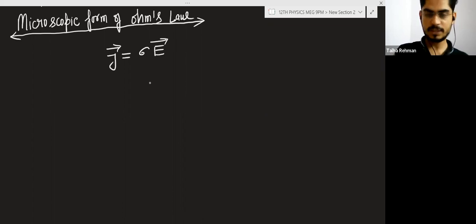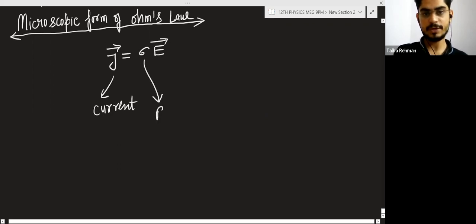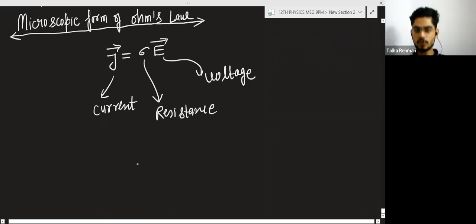So this is just the equivalent of current. This is the equivalent of resistance. And electric field is the equivalent of voltage or potential difference. So you can relate this law to Ohm's law. In Ohm's law, we have current, resistance, and potential difference.